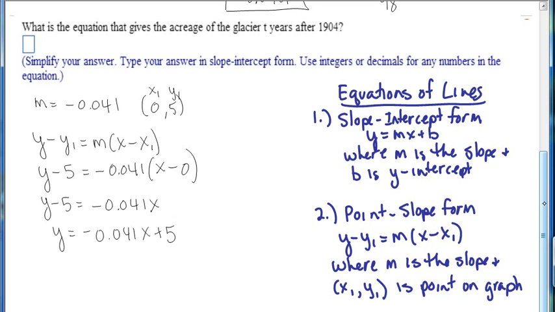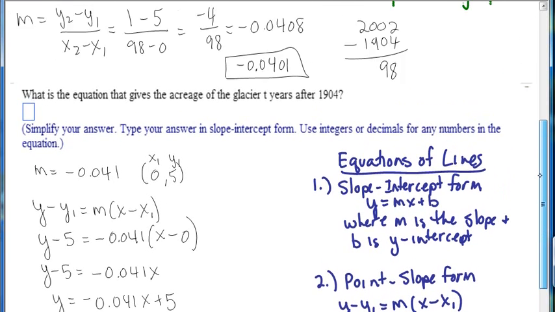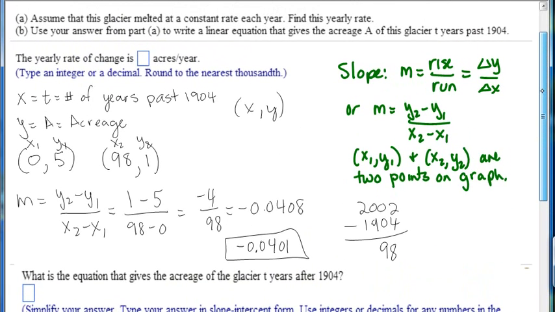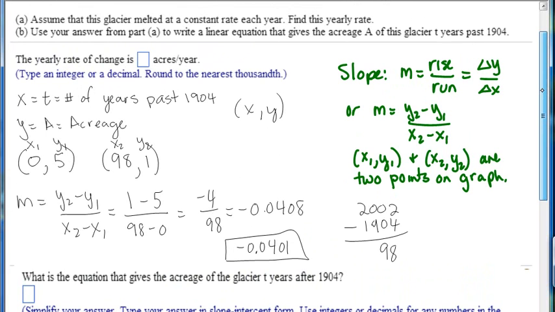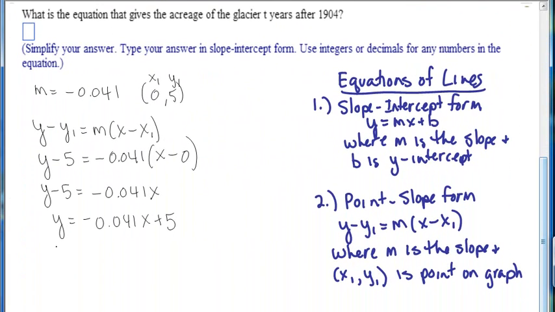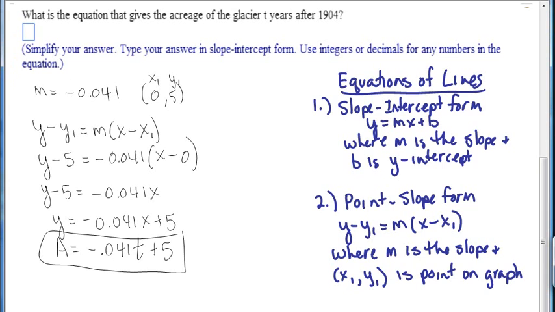Now, if you look at the very beginning, it did say to write a linear equation that gives a, which was my y, of this glacier t years. So they might expect you to use the a and the t. If that's the case, you just change this to a, and you change the x to t. That is the answer they expect you to type in.